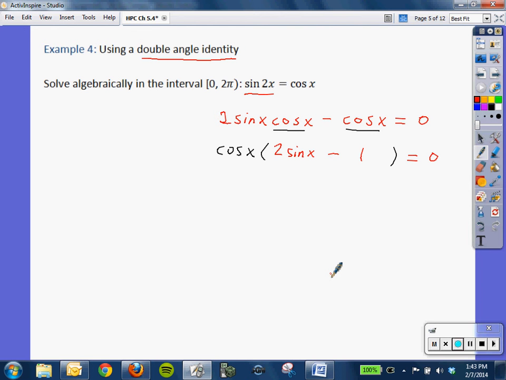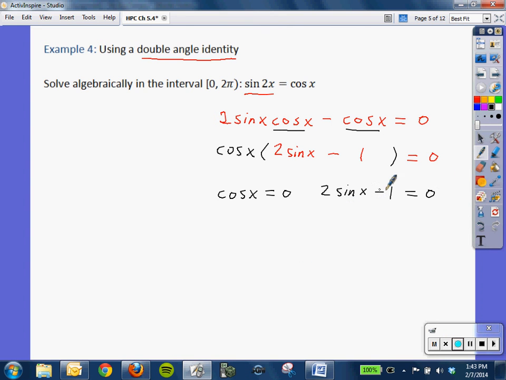So now we've got 2 factors on the left-hand side of the equation. Let's set those factors equal to 0. You've got cosine x equals 0, and then 2 times sine x minus 1 is equal to 0. We're going to solve for the sine of x.